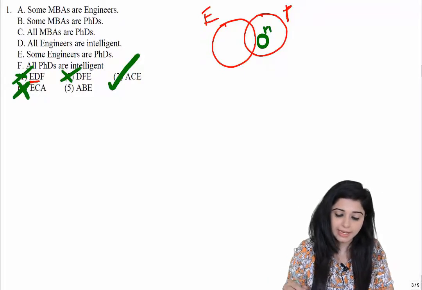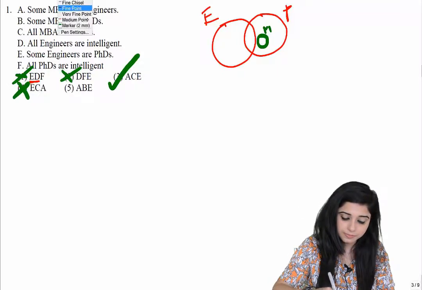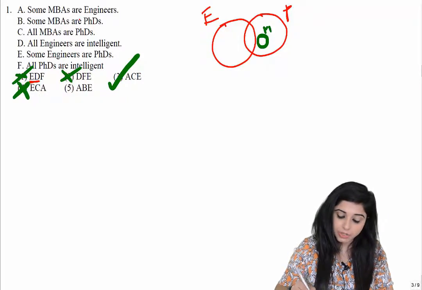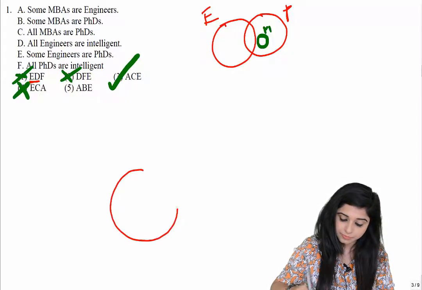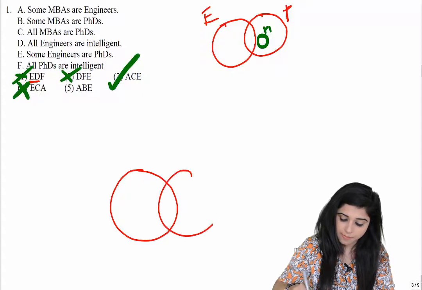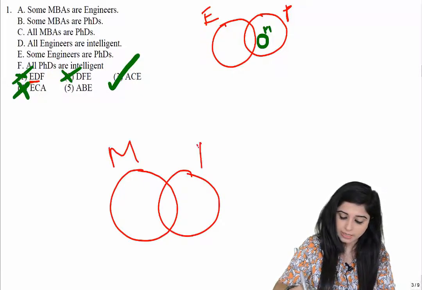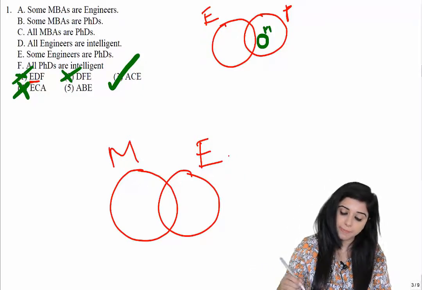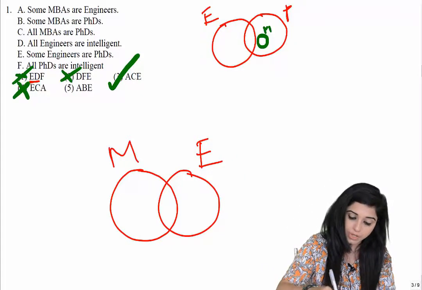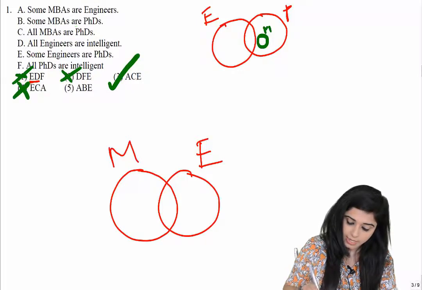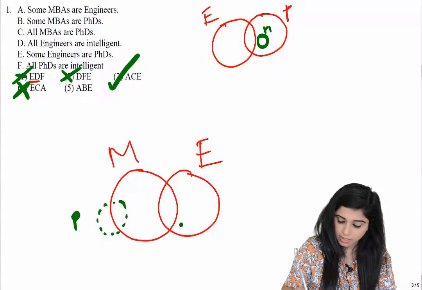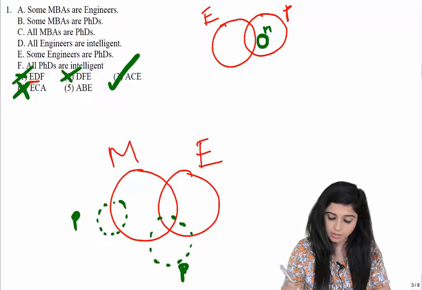Let's look at ABE. Some MBAs are engineers. B. Some MBAs are PhDs. Now, PhD as a set can be drawn here. PhDs can be here, right?